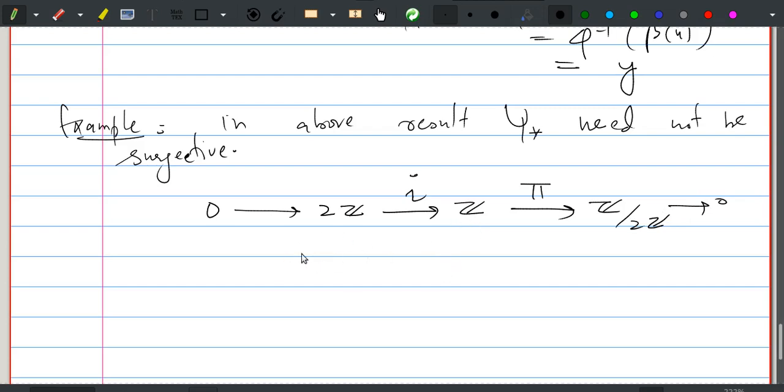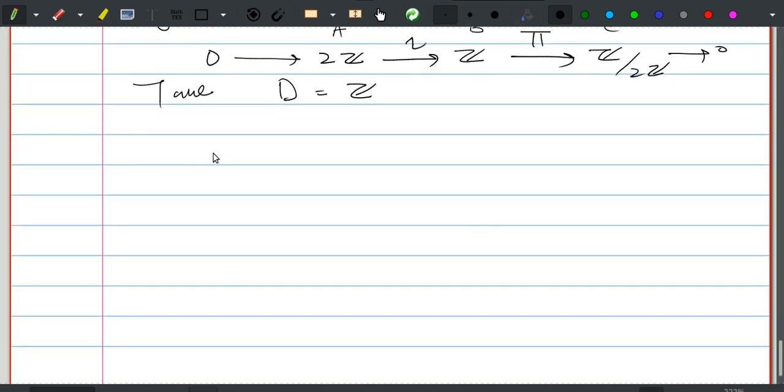Now let us choose our module D to be Z itself. So this is module A here, this is module B, this is module C. So take D to be equal to Z. So this exact sequence induces this exact sequence.